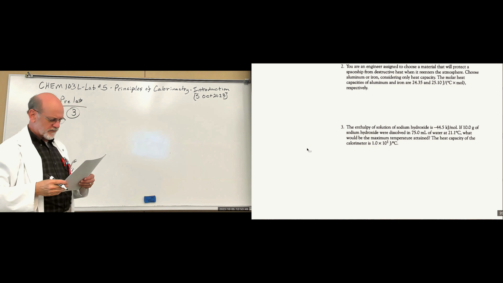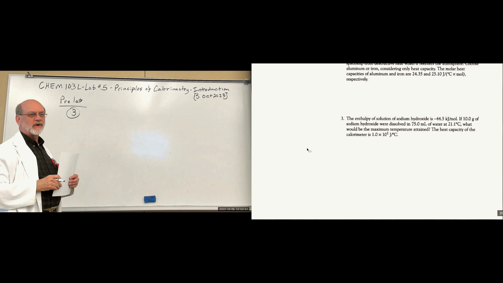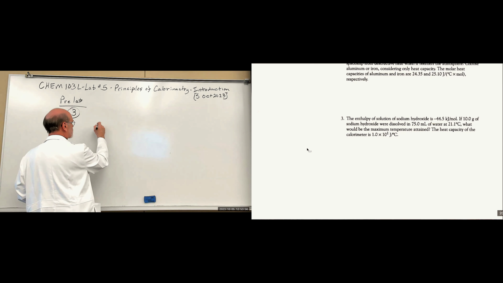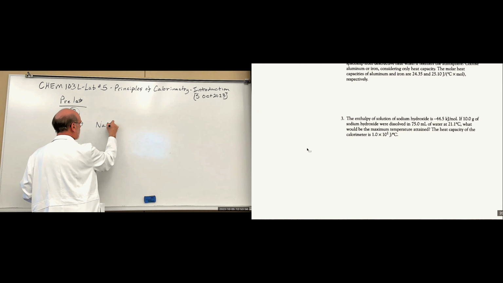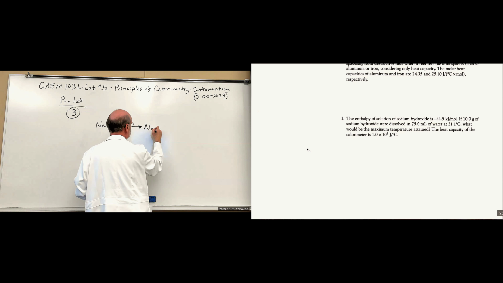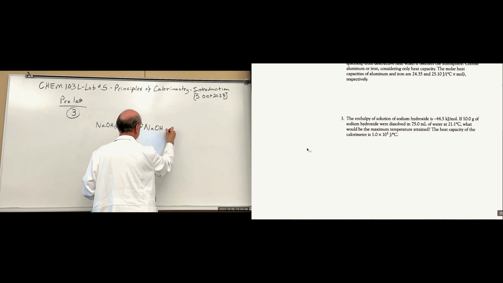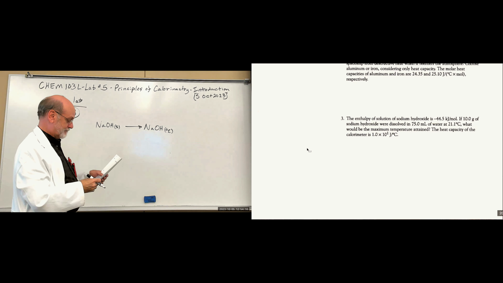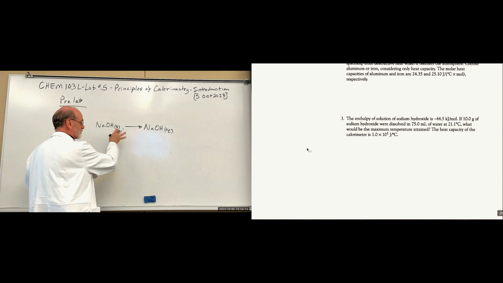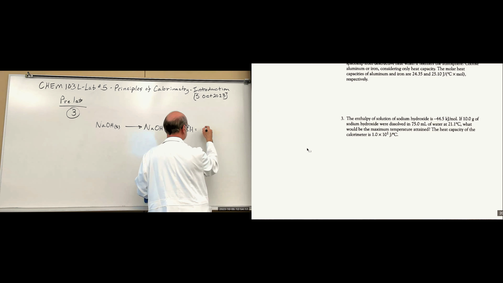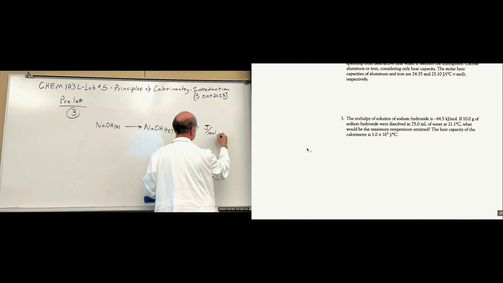The enthalpy of solution of sodium hydroxide. What does that mean? What it means is, if you go from sodium hydroxide solid to sodium hydroxide aqueous, there's a certain enthalpy value of so many kilojoules per mole of sodium hydroxide.